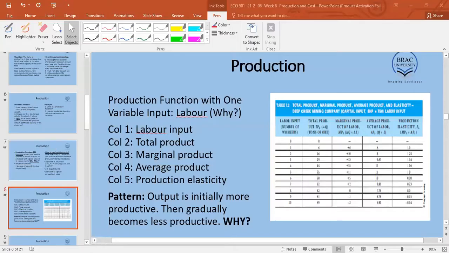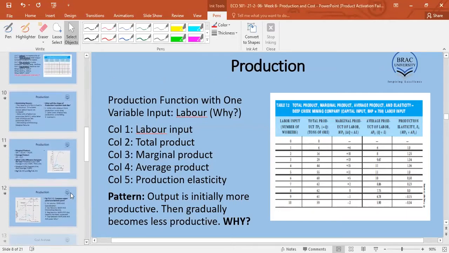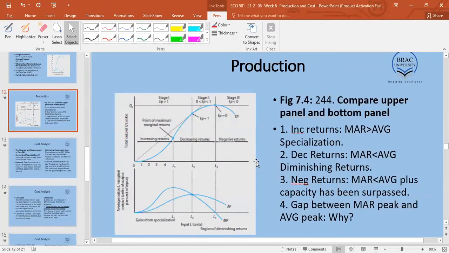So this is, where is it? Here it is. Okay, this is it. So in this part, we are very productive, then we start to get less productive, and then we become counterproductive. This is a universal human phenomenon.